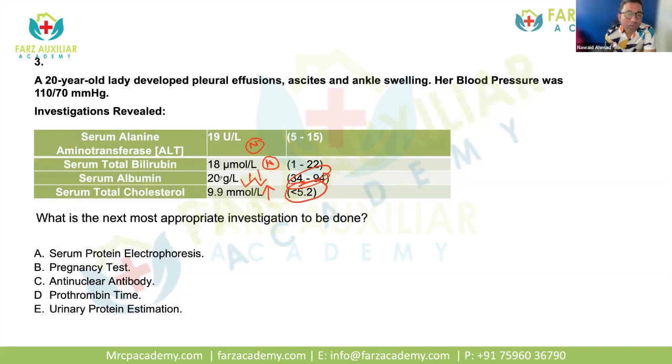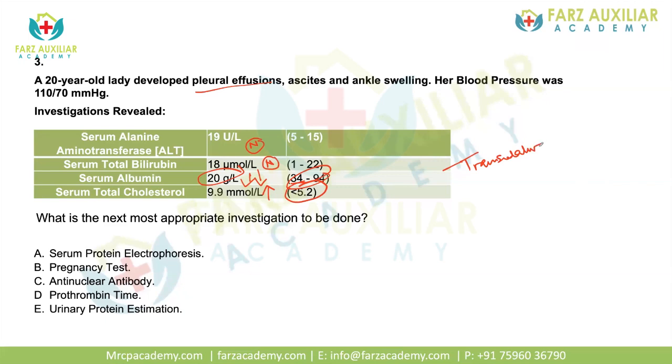So immediately you can think about a condition. If she has developed these pleural effusions and she has low albumin, then you're thinking about a transudative effusion. Low albumin with pleural effusions, and of course there is ascites and ankle swelling, so it is almost like anasarca.